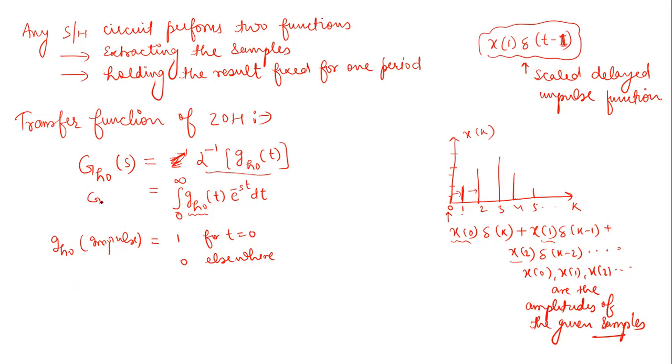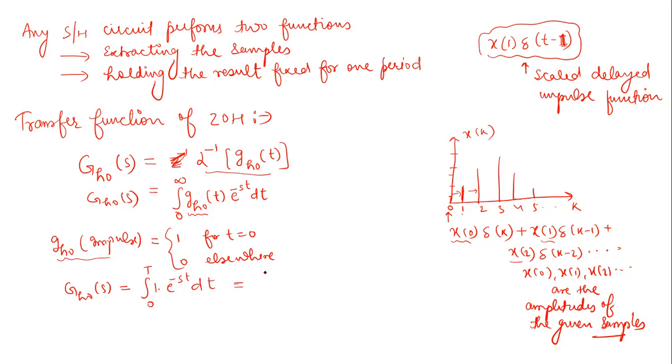So we will rewrite this equation. This is GHO(s), the transfer function, and it will be this one, 0 to T. Because we have considered this sample, we replace the infinity with T, because now we are finding the transfer function for a particular time period instead of the infinite function, which we have considered as 1 here, e to the power minus st dt, right?